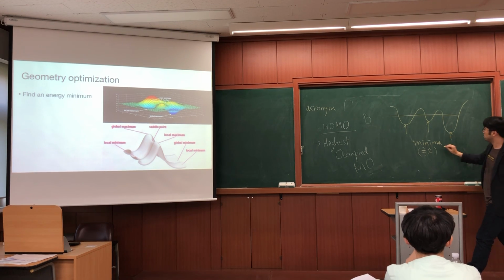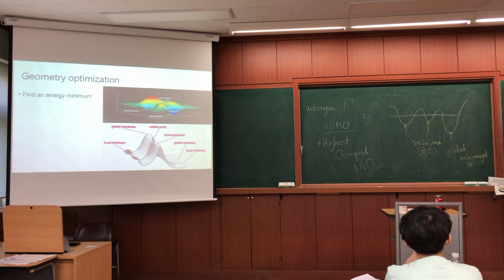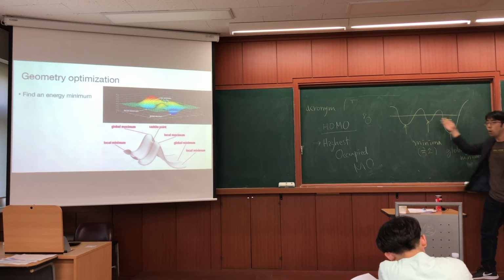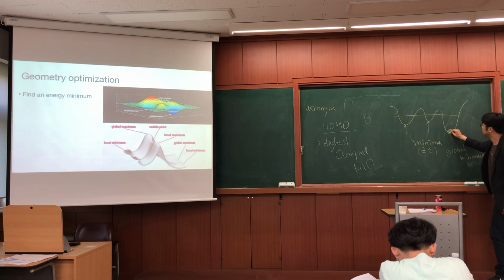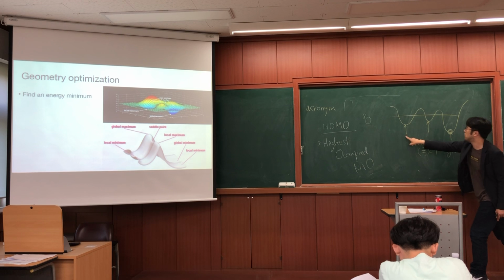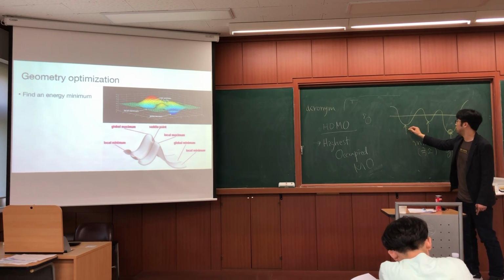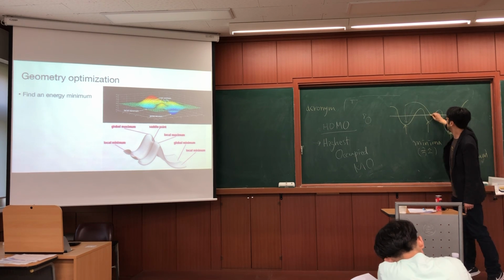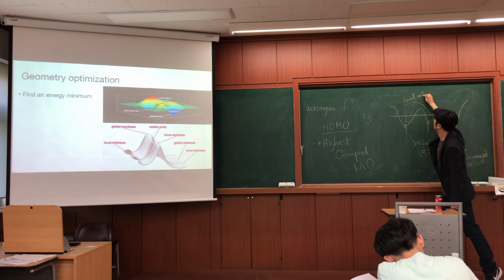But the global minimum here, what do you mean? Global minimum is the lowest, only one, the lowest energy of all range. So the global minimum is here because among these three, this one has the lowest energy, right? And these other two are called local minimum.